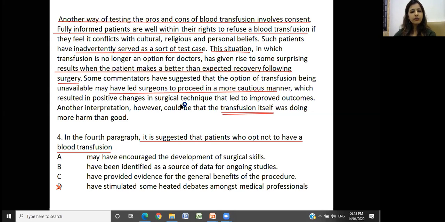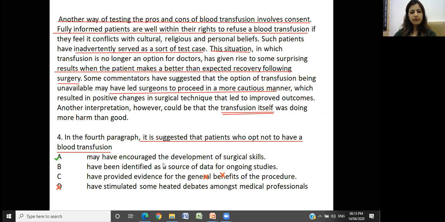Or another reason could be that the blood transfusion was somehow doing harm to them, and that resulted in the problem. So the correct answer here would be, here we are using the test case, right? So we can rule out the answers which are in favor, like general benefits of the procedure, that can be ruled out. And A is therefore the correct answer.